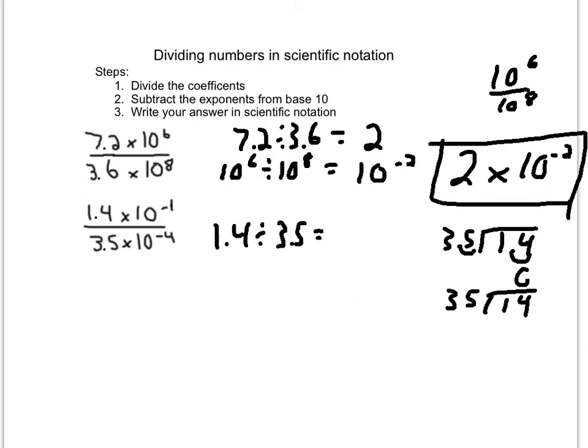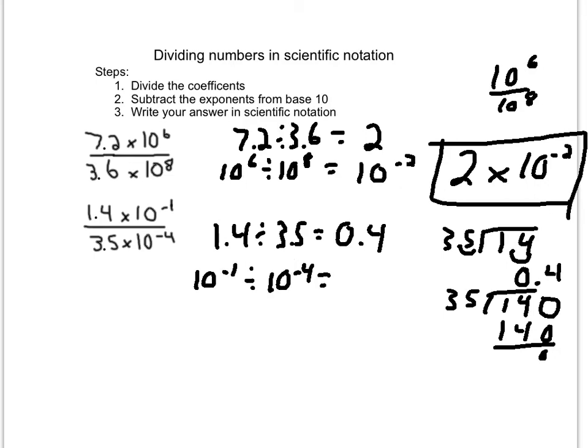And 35 does not go into 14, so it's 0 point something. And 35 goes into 140 4 times. I multiply, and that is 140. So that's 0.4. Again, same thing with the powers of 10 here. I'm going to take 10 to the negative 1st and divide it by 10 to the negative 4th.